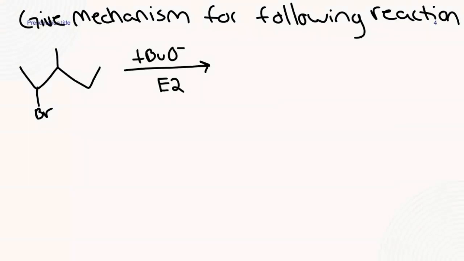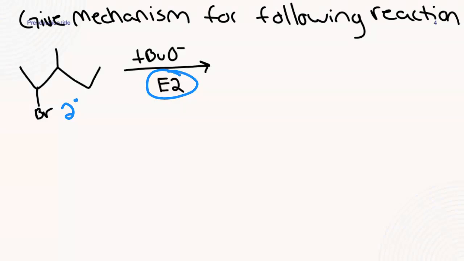Okay, so mechanism for this reaction. So this is a secondary substrate, right? And you're given, so most of the questions on the test will be given E1 or E2, because like I said before, it's kind of more difficult to figure out which one is which, rather than SN1 and SN2.